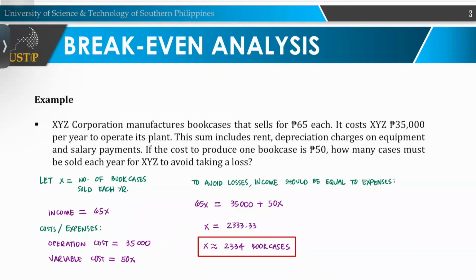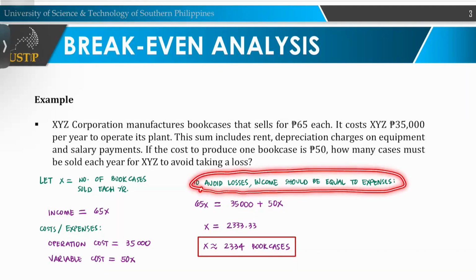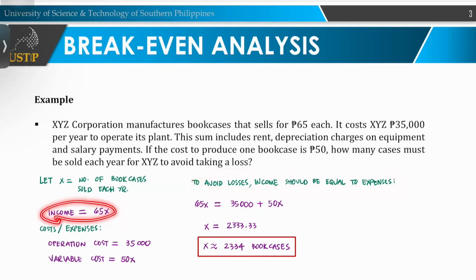Okay, so to avoid taking a loss, income should be equal to the expenses. So we already have the income, and then here are the expenses. So we must add all of this, class, and equate. That's why we have 65x equals 35,000 plus 50x. So if we solve for x there, we get 2,333.33.